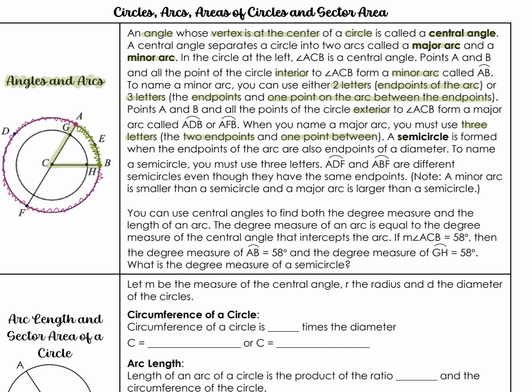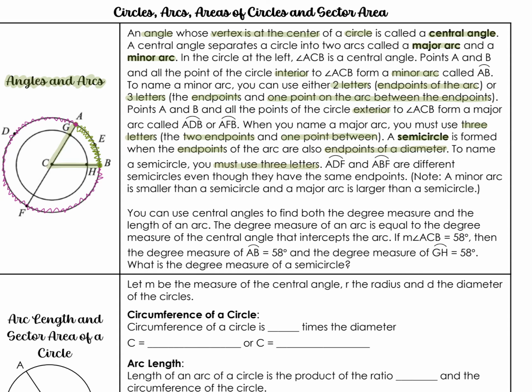Moving into our semicircle. A semicircle is formed when your endpoints are also on the diameter. To clarify, you know it's a diameter if it's going through the center. To name a semicircle, once again, you must use 3 letters.